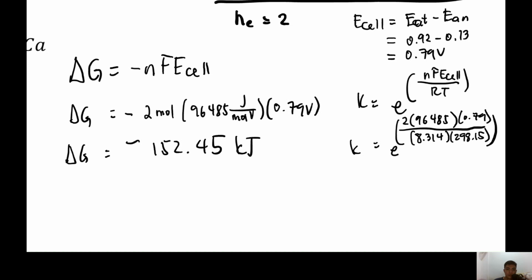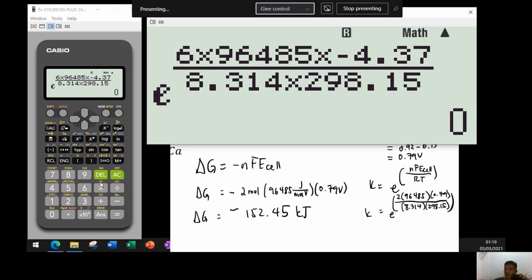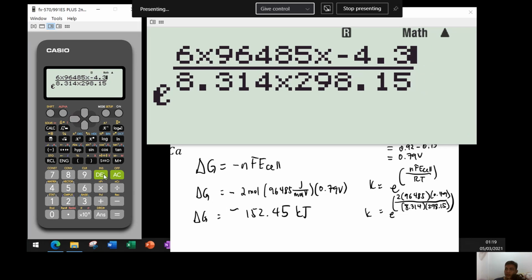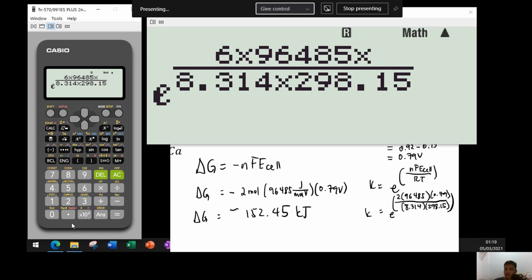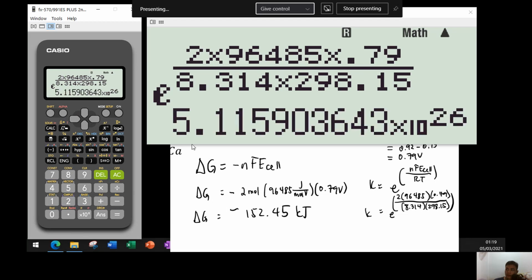Given that, let's plug that into our calculator. So this is now 0.79, and this thing here should be 2 electrons. Pressing the equal sign, we will get 5.12 times 10 raised to 26.